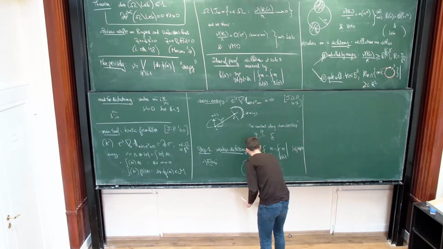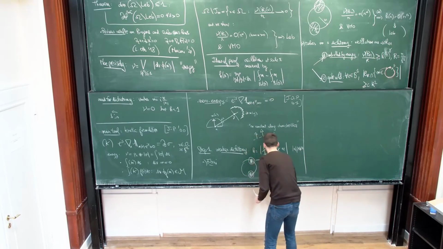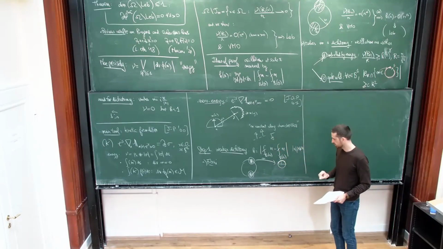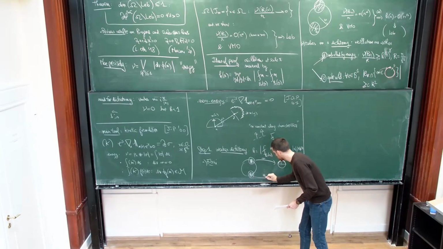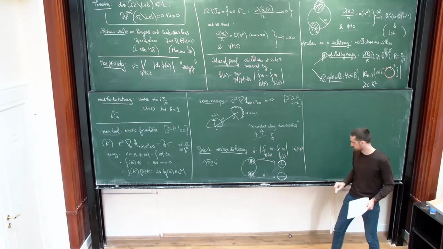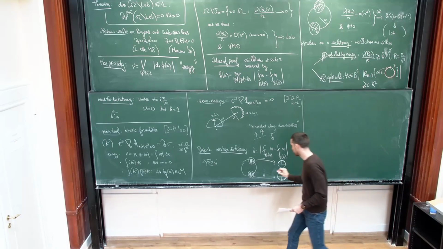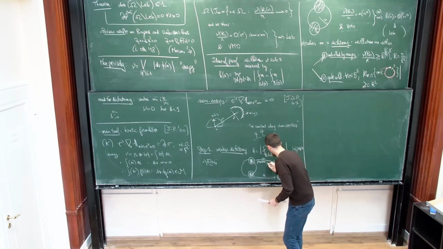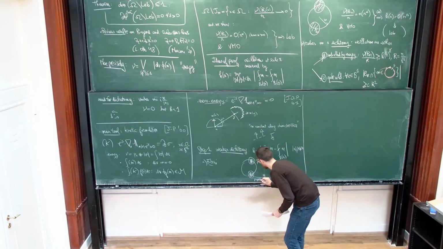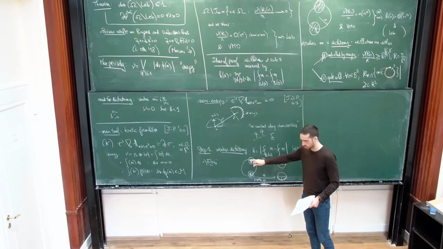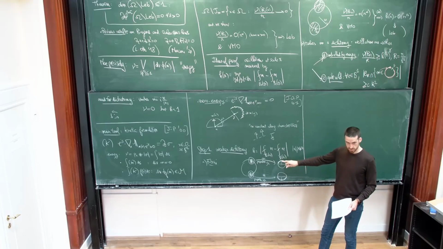Then I look at the proportion of points that are sent to a half circle that is kind of opposite. Here the proportion of points that do that, I call it rho 1. Here the proportion, I call it rho 2. So this is the proportion of points in that small ball of radius r that are sent by m to that semicircle.